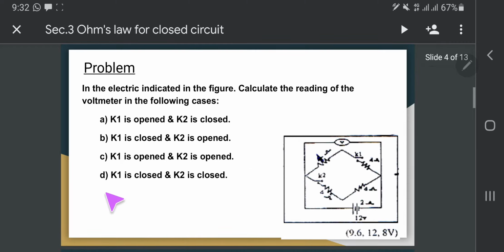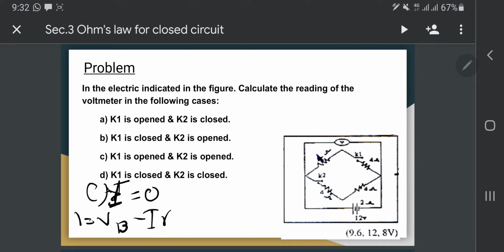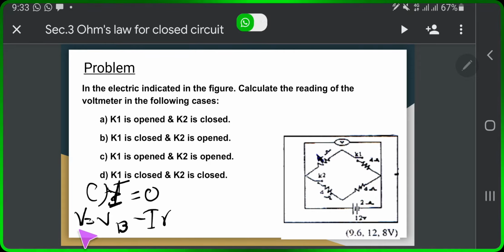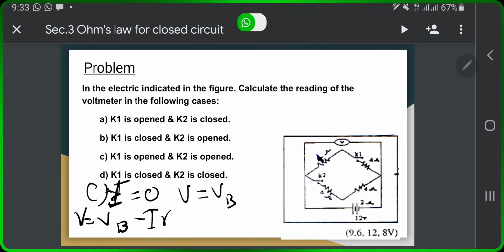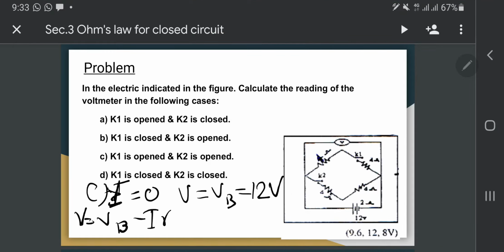In case C, I equals 0, and VB minus IR equals V, with I equal to 0 or R equal to 0. So V equals VB. So here V equals VB, equal 12 volt.